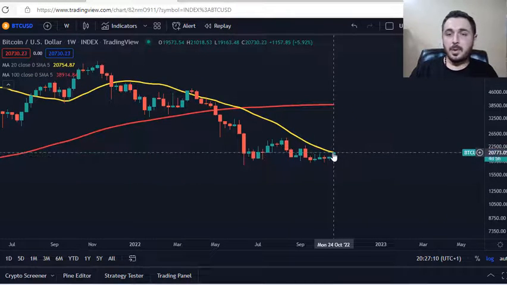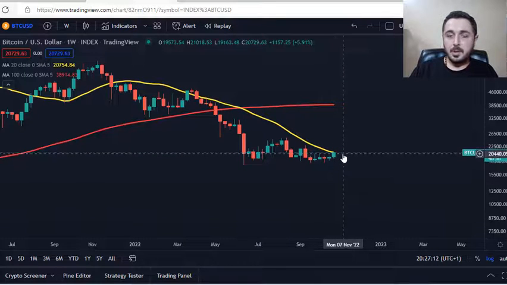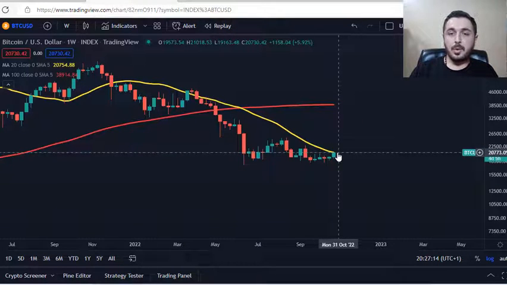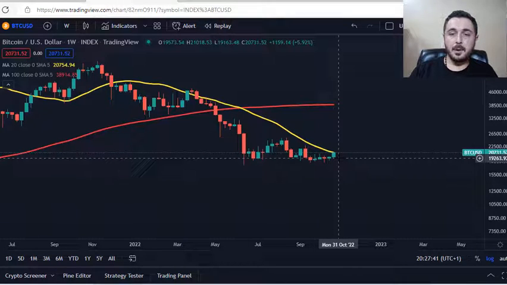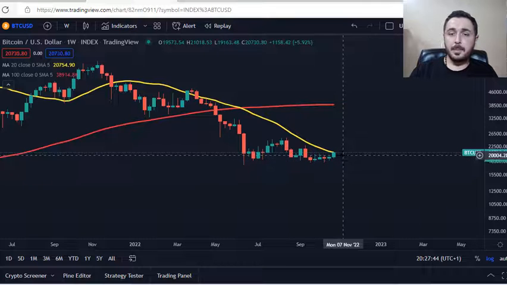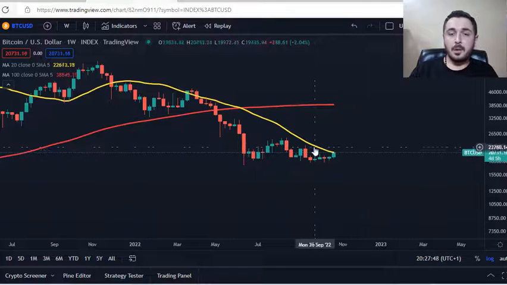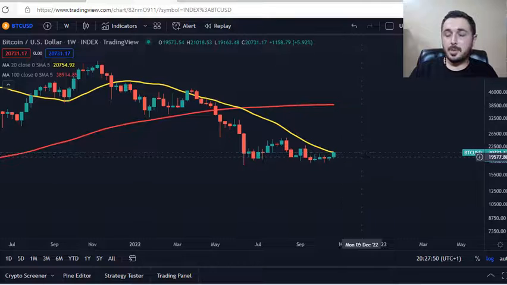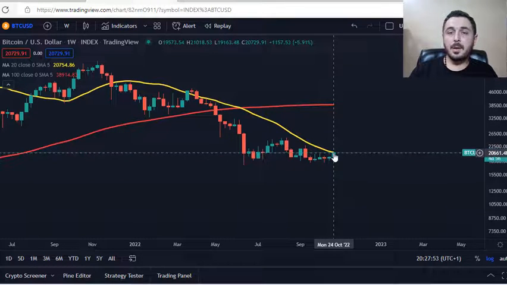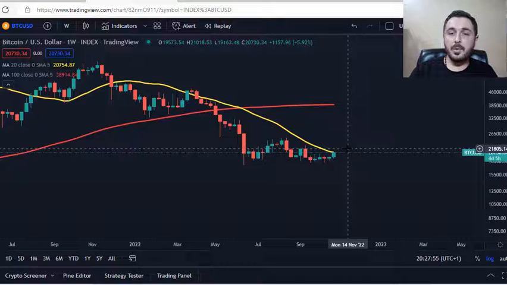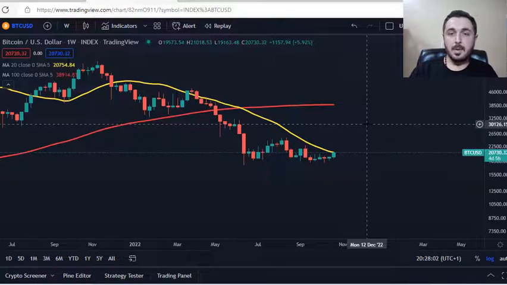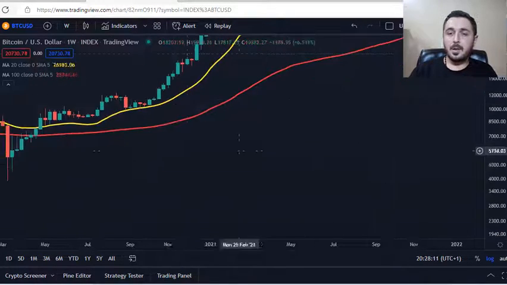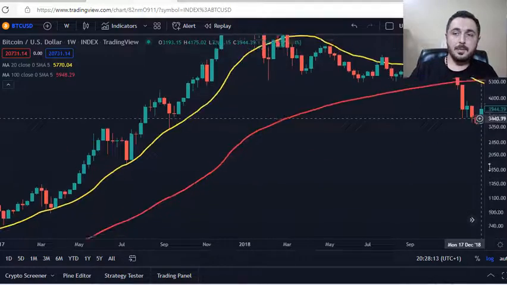What you want to watch for in November is continuous support on this yellow line, for Bitcoin's price action to hug this yellow line as much as possible, or possibly break above the 20-week moving average and hold it as support, so we can have momentum and confluence to rise in price, just like somewhere over here.